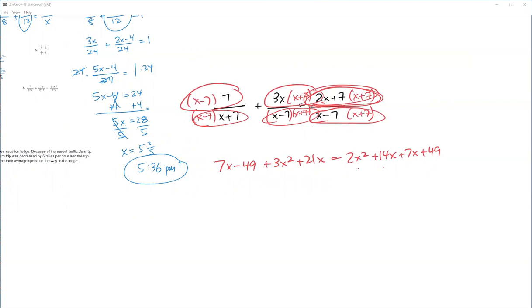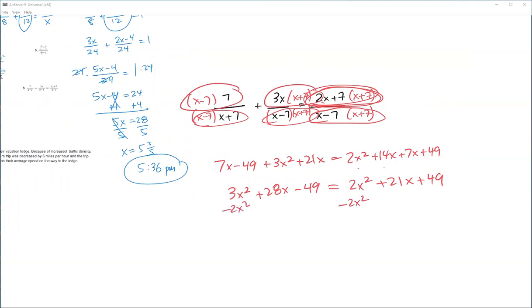Okay, let's combine like terms. So it'll be 3x squared plus 28x minus 49 is equal to 2x squared plus 21x plus 49. Subtract the 2x squared to both sides here.